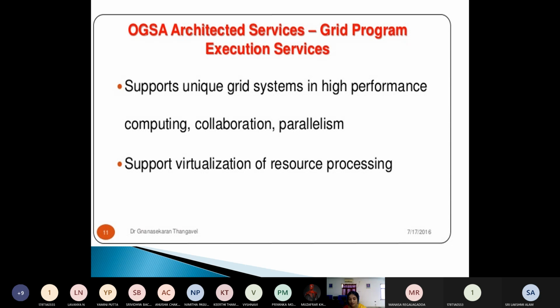It also supports the virtualization of resource processing. We will discuss virtualization in the next unit, unit 3.